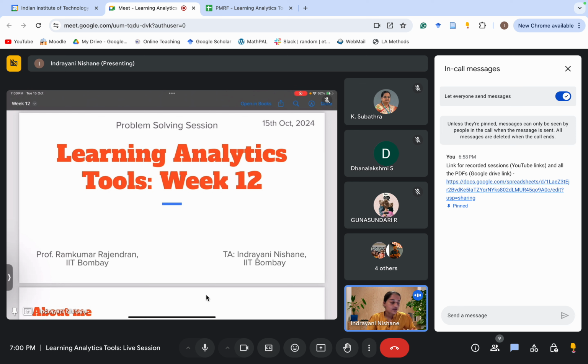This course was in context with the learning data, but if we remove that learning data and substitute it with general data, this is more of a data science or data analytics course, which will give you a fair idea, without coding, of what is to be done when you have data and how to start analyzing that data. So this was till now, and week 12 is kind of wrapping up.